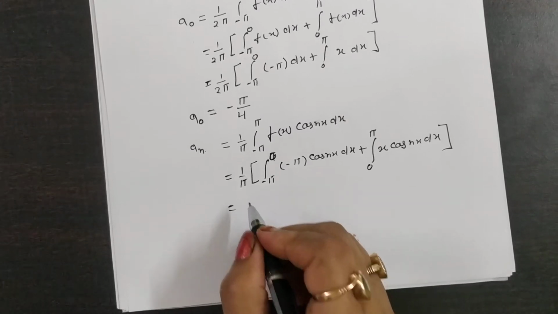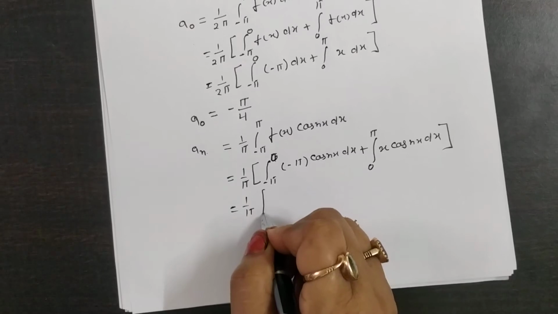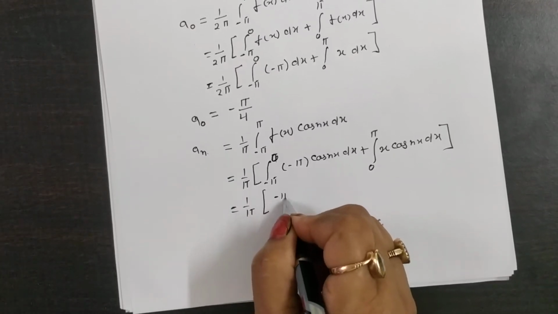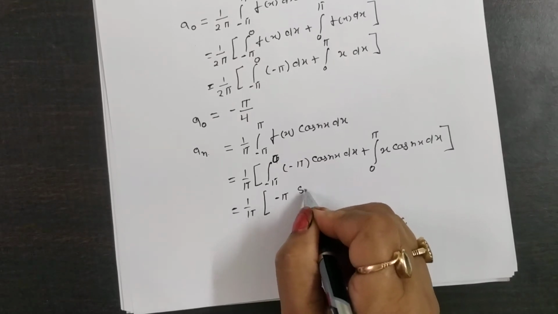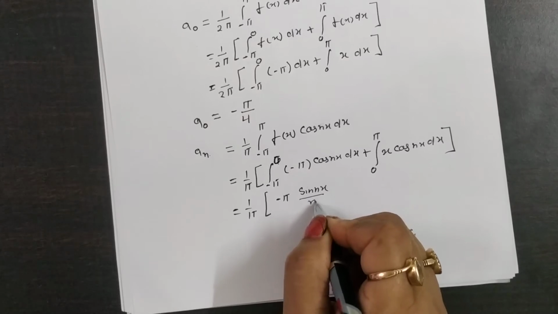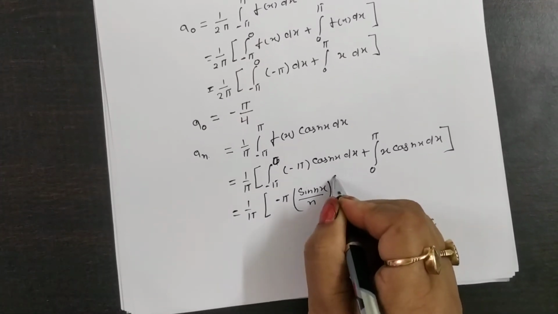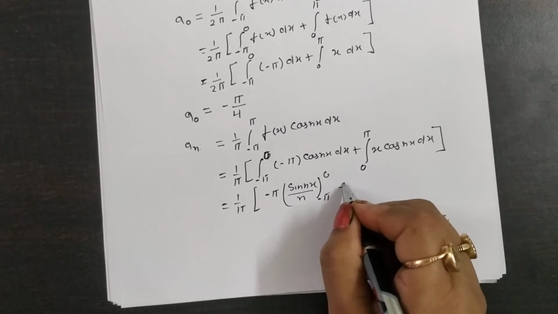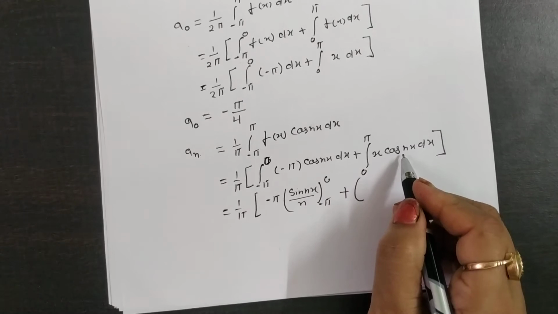Then this is 1 by pi, and this becomes minus pi, and integrating this, it is equal to sin nx by n, taking the limit from minus pi to 0, plus here are two terms, x and cos nx.